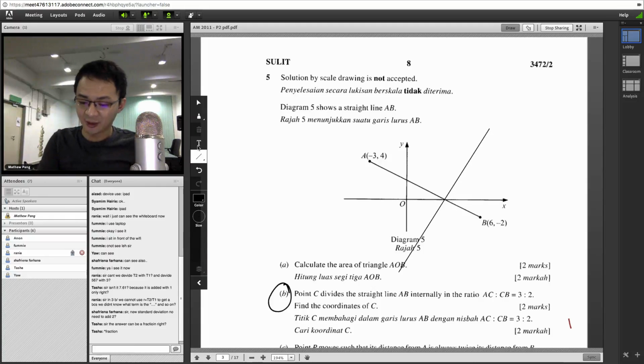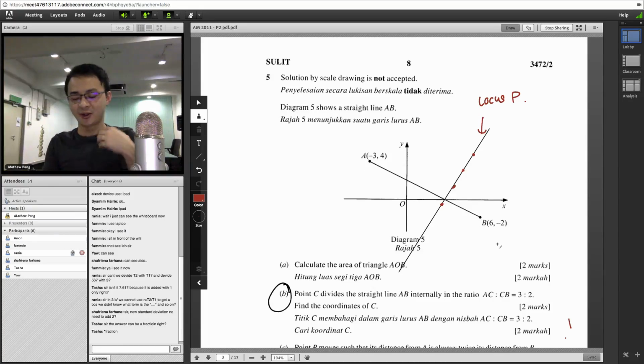This locus line over here, I'm going to call this one locus P. That means whenever P is on the line here, the distance from P to A and B is always double.